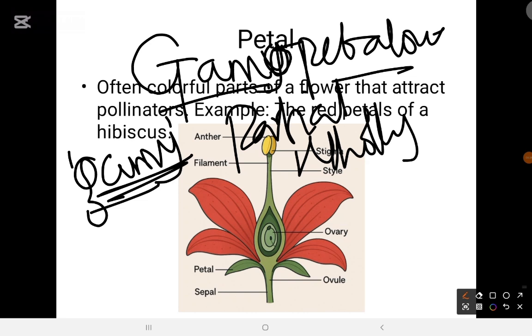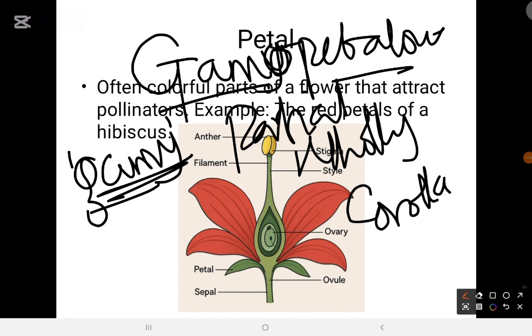The corolla is just talking about the petals together. We call the many petals together the corolla. So it will now appear as a form of a tube or sometimes trumpet-like.